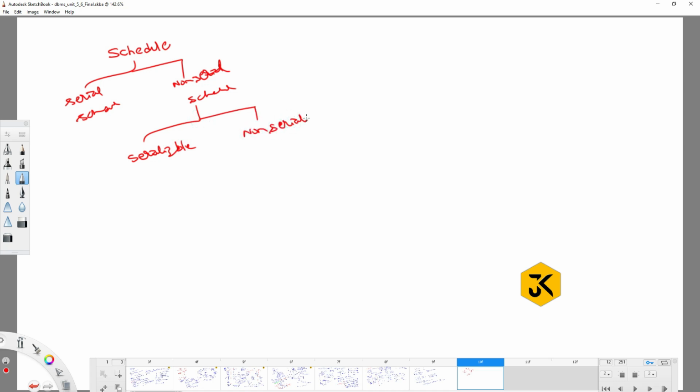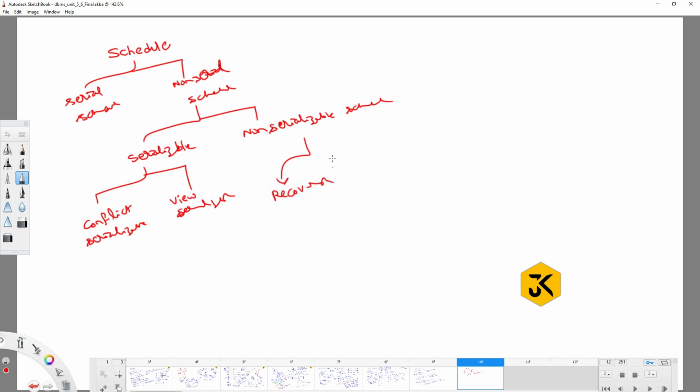Just write the chart. In the coming class we'll explain non-serializable schedules, right? Again, the serializable schedule is classified as conflict serializable and another type, view serializable. Non-serializable schedule is classified as recoverable schedule and another one, non-recoverable schedules.